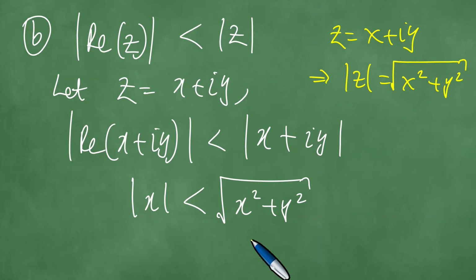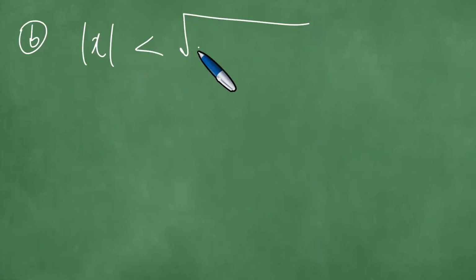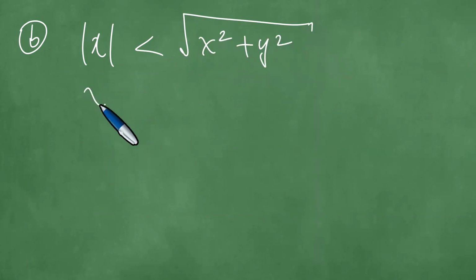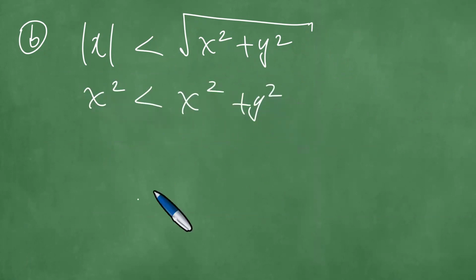Okay, so for part B, we are finishing. The modulus of x is strictly less than the square root of x squared plus y squared. Now you need to square both sides, so that x squared is less than this. What is this the same as?